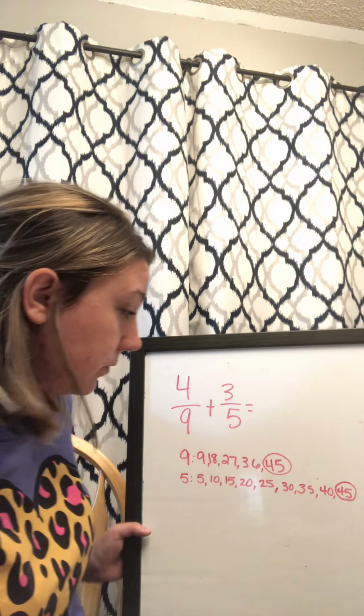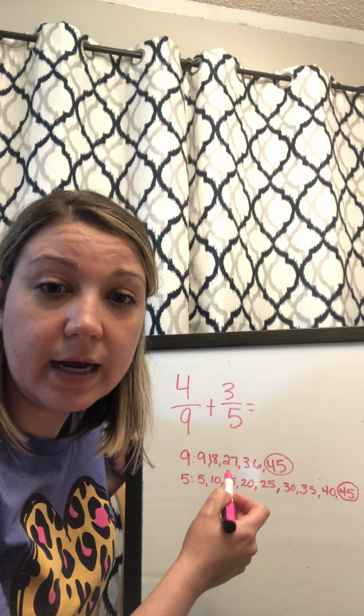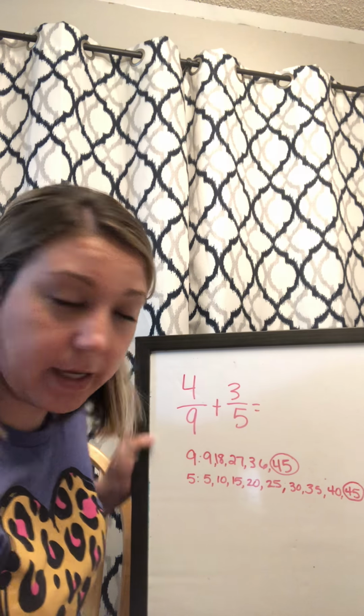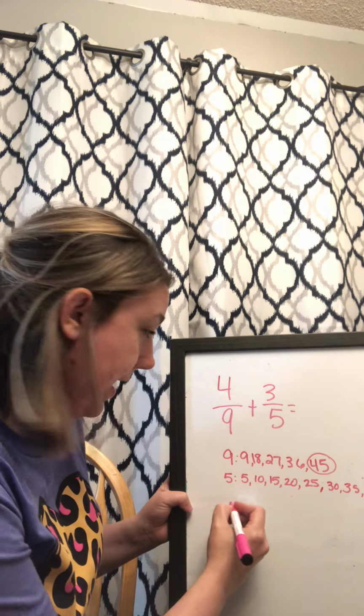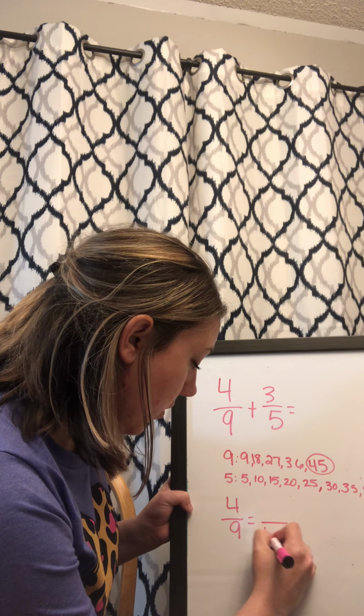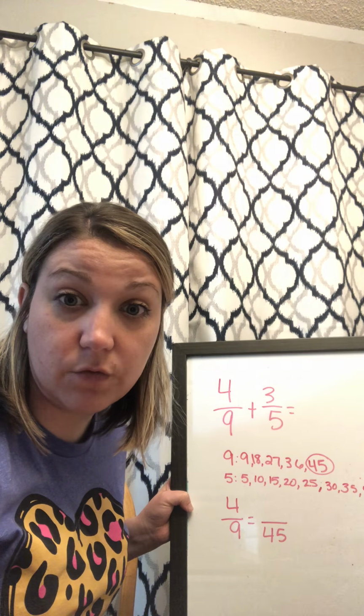Okay, so now that I have my least common denominator, I need to create equivalent fractions so that I can change their denominators. So I have 4/9, and I'm going to find an equivalent fraction with the denominator 45.